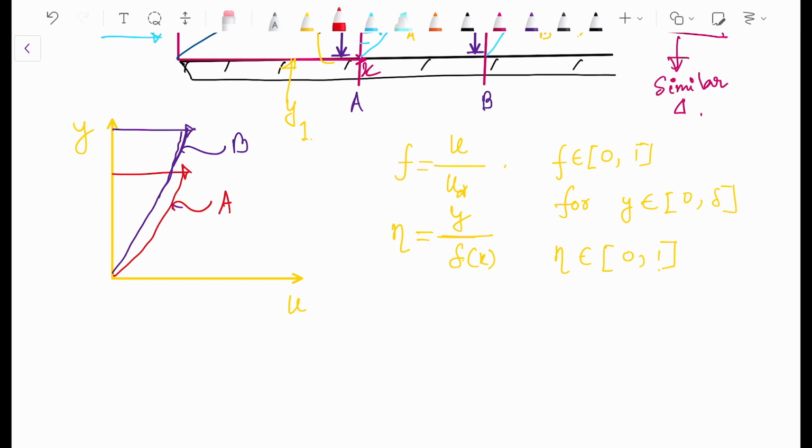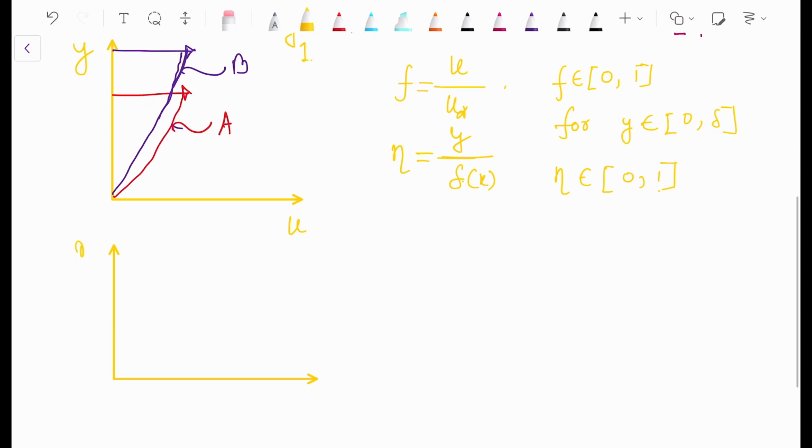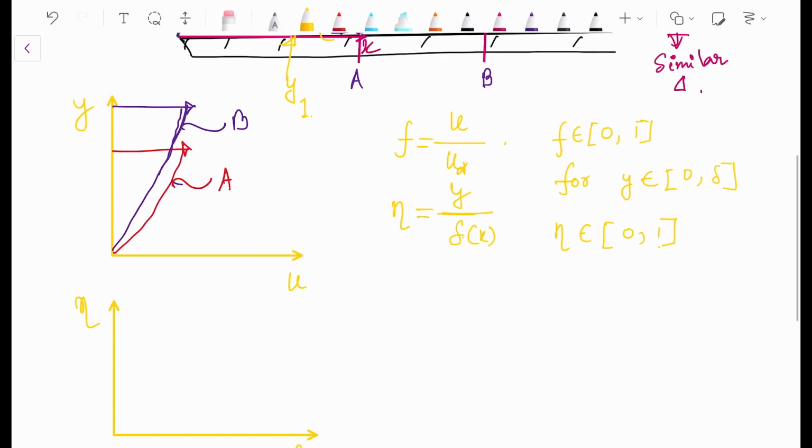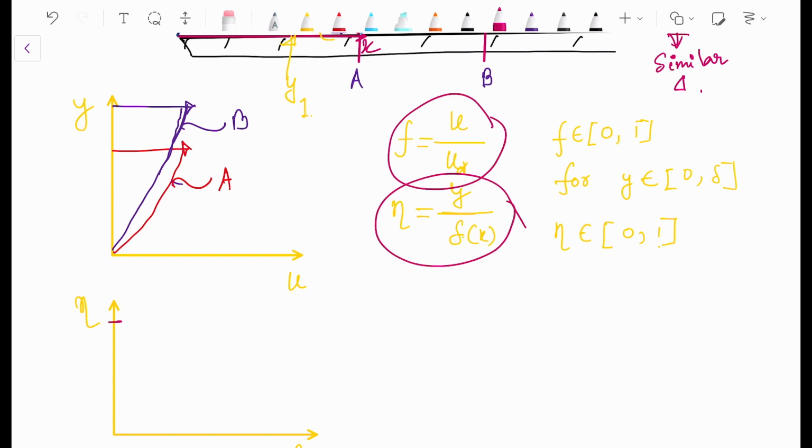But now if I draw eta versus f, both will have the same range of eta and f at both section A and B. So if I consider eta equal to 1, we have f equal to 1, according to this definition of eta and f.